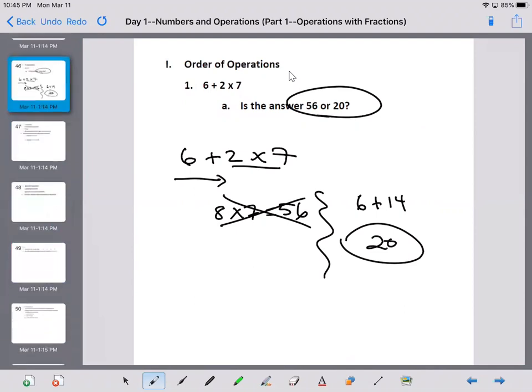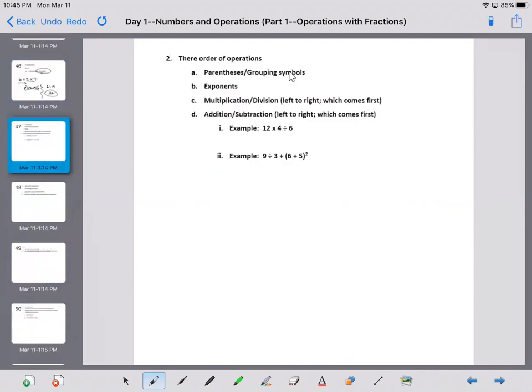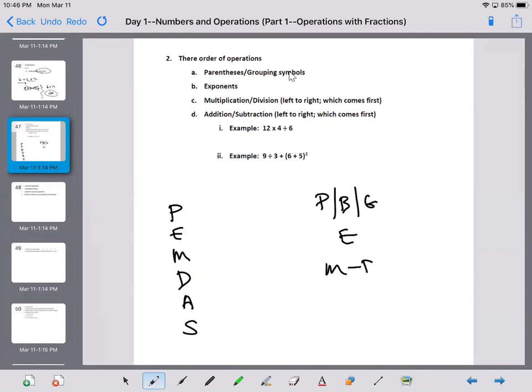And so we all kind of grew up with an acronym with what we call PEMDAS. Well, you can also think of it as, you've got parentheses, you've got brackets, you've got grouping symbols, you've got exponents, and then you've got the multiplication and division. I like to write it this way because you're thinking left to right.